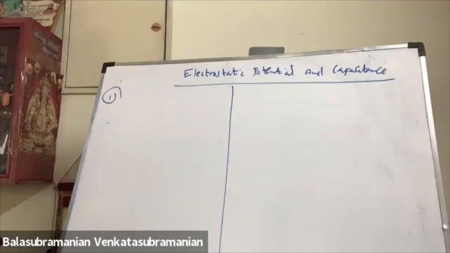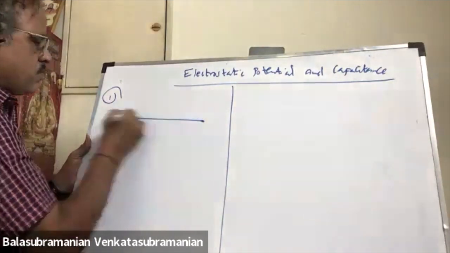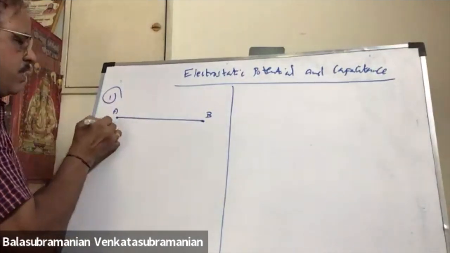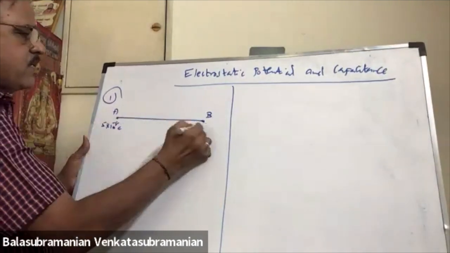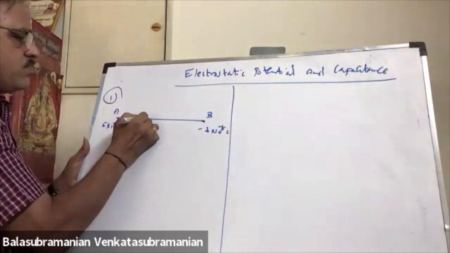Two charges A and B, 5 into 10 power minus 8 and minus 3 into 10 power minus 8 coulomb.